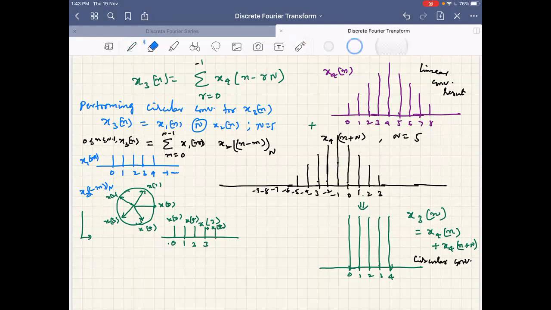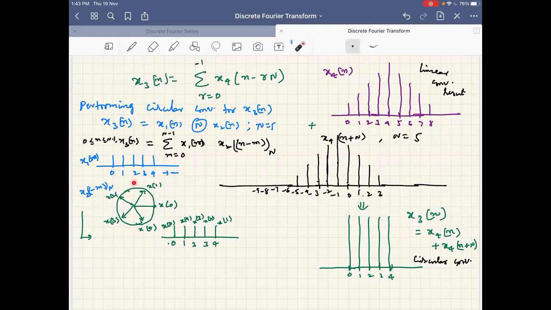So this is x of 0, x of 4, x of 3, x of 2, x of 1. As you can see, there is a circular shift here.